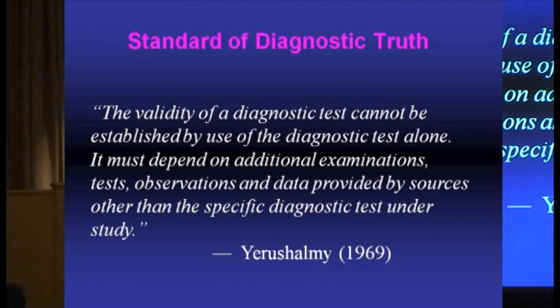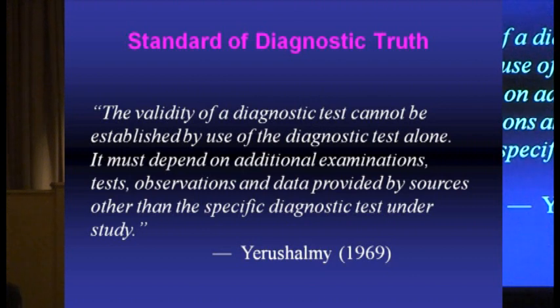It must depend on additional examinations, tests, observations, and data provided by sources other than the specific diagnostic test under study. What is he saying there? He's saying that it can't tell you whether you're healthy or diseased. That information has to come from somewhere outside of the test, from other tests, from prior information, but it can't come from the test itself.